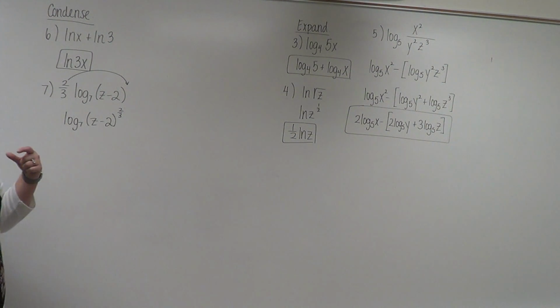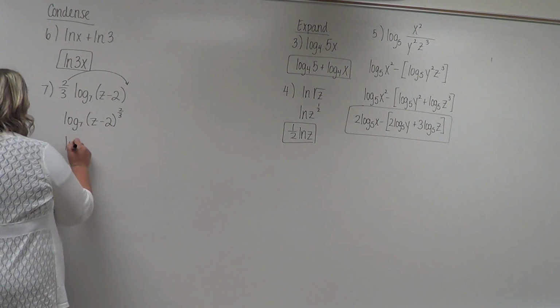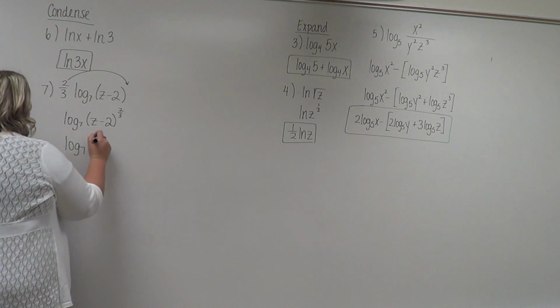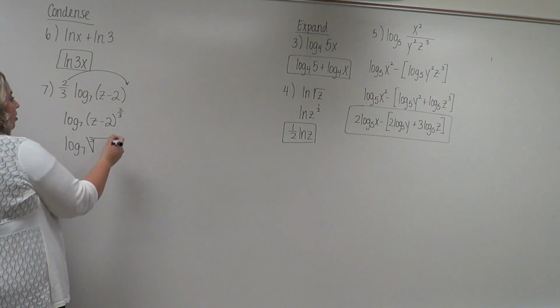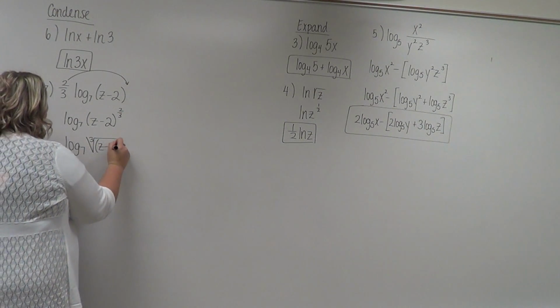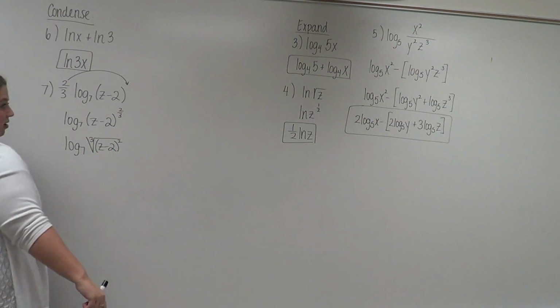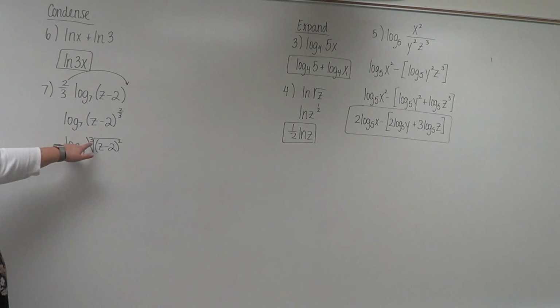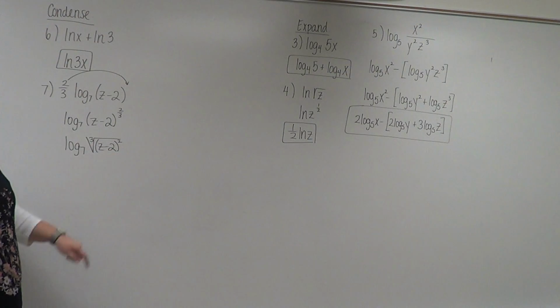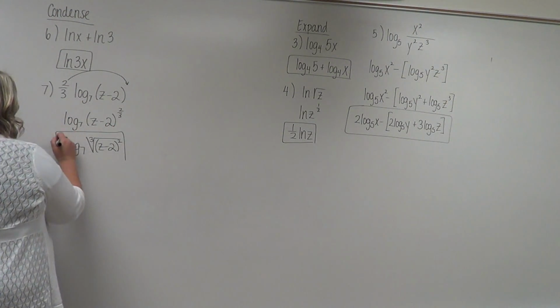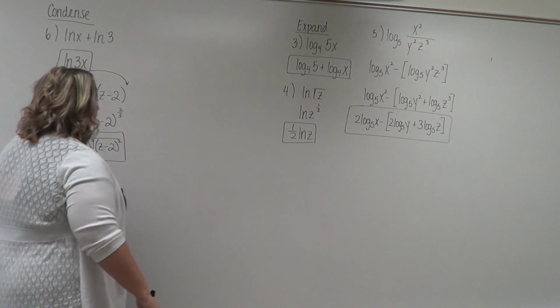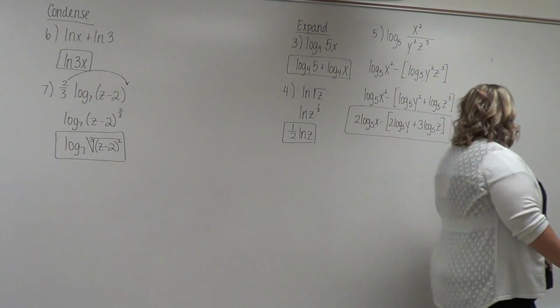If you have a fraction, the denominator is like the root, so this would be the cubed root. And then the top number, if there is a top number, that's your power that would go inside there. So bottom number is the root, top number would be your power. Alright, we'll do one more.